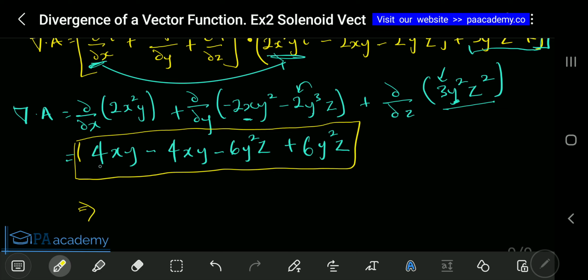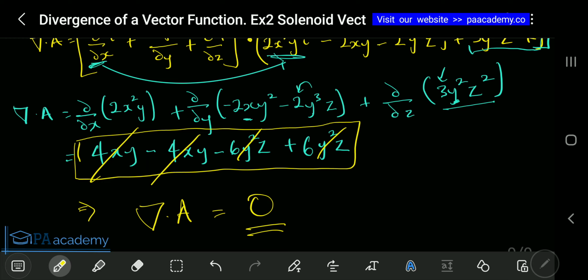You'll notice that this is 4xy minus 4xy. This will cancel out, that will give us 0. Minus 6y squared z plus 6y squared z, this will also cancel out. So we can conclude that our div of A is 0.